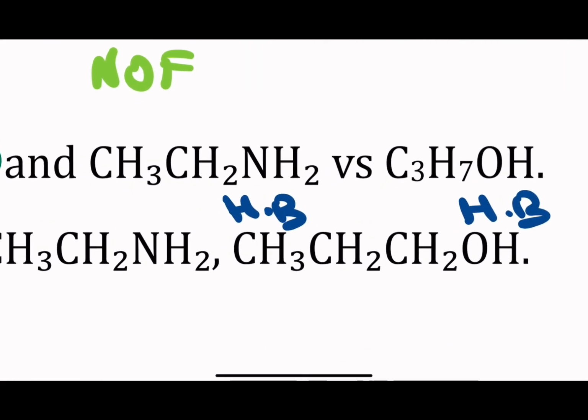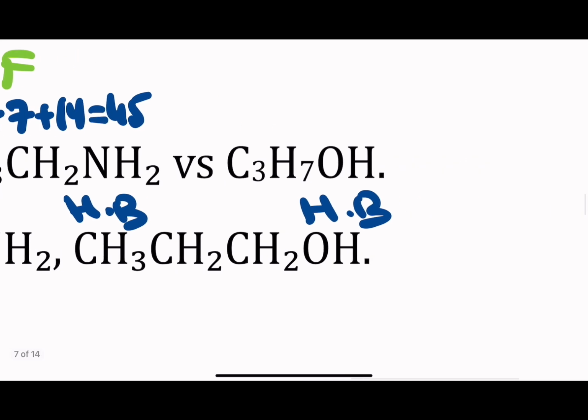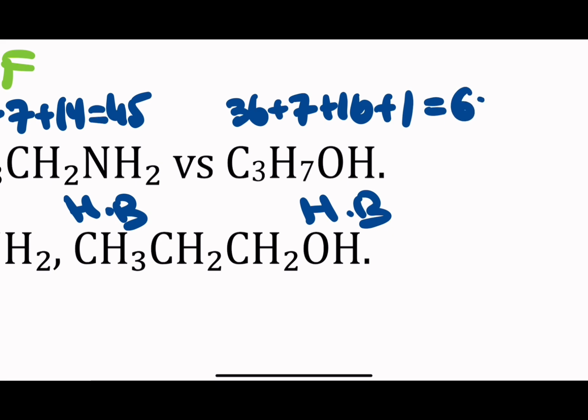Here the molar mass of this one: we have 2 carbons, 7 hydrogens. 2 carbons is 24, 7 hydrogens is 7, and then 1 nitrogen is 14, so altogether the mass is 31 plus 14, 45. Now here we have 3 carbons, 36, plus 7, plus 16, and plus 1. Now 36 plus 24 is 60.